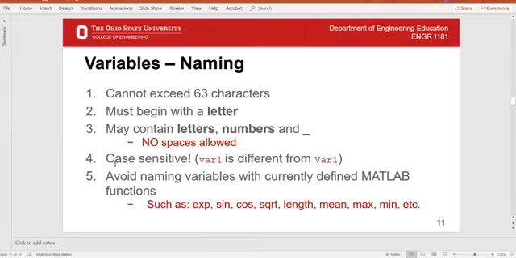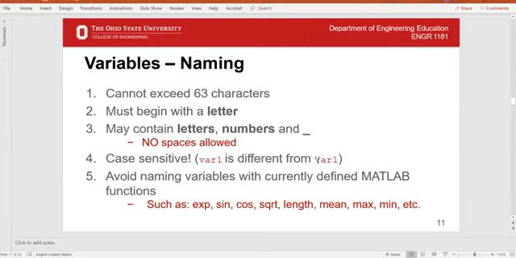And this is very important: it's case sensitive. If you use small letters, it will be a different variable, a different label or name. Variable1 with a small v is different from Variable1 with a large v, so MATLAB treats them differently.